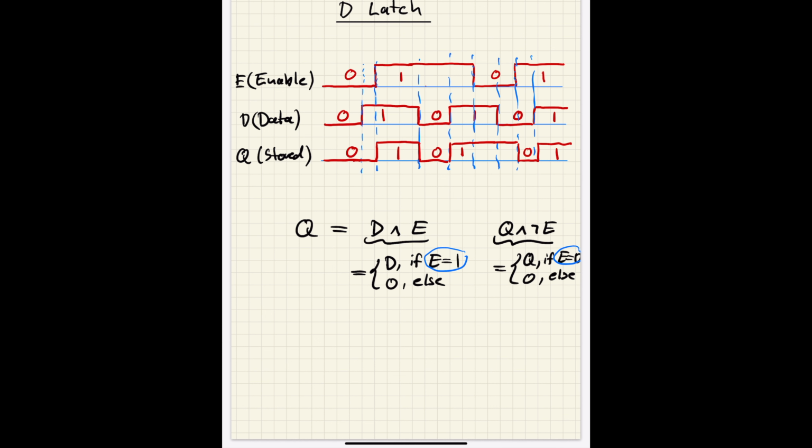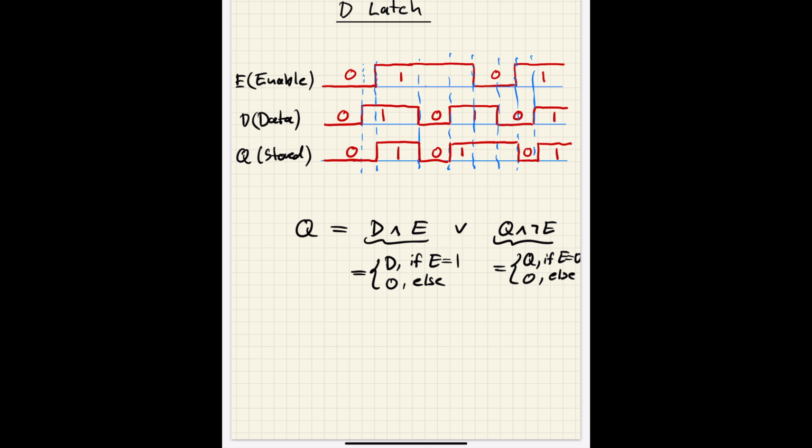In our understanding at least, you either have just 1 or 0. That means if I now use an OR, then in case of enable equal 1, I get D. And in case of E equals 0, I get Q. So with that, we have a Boolean equation which is describing a D-latch, which is characterizing a D-latch.